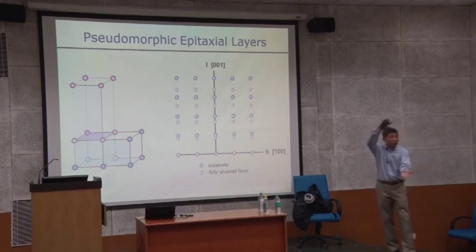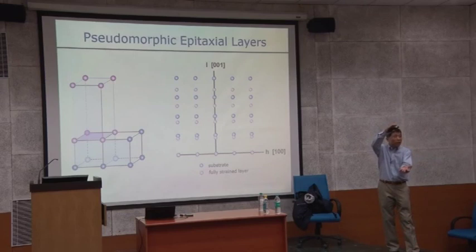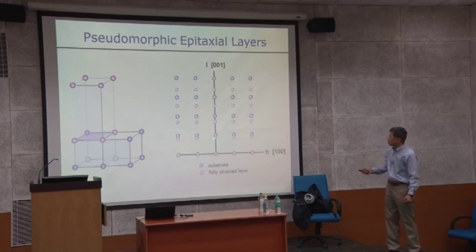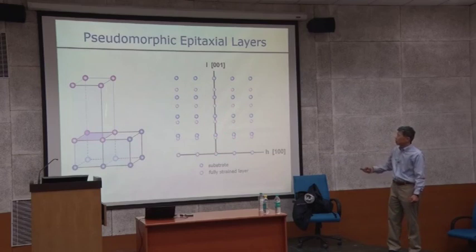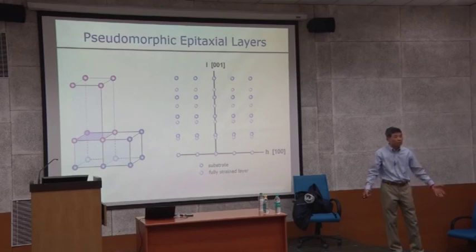That means for the thin film on top, 0, 0, 1 is shorter, 2, 0, 0 shorter, everything shorter, so this is 1, 0, 0, 0, 0, 1, 0, 0, 2, 0, 0, 4, 0, 0, 5. But H is still the same. H is all coherent, so this one and that one are the same, no distinction. Is it clear?